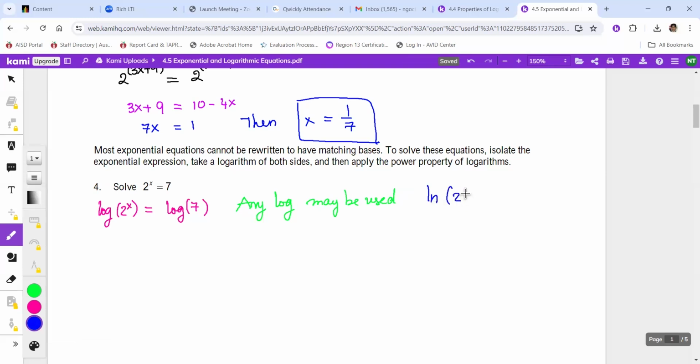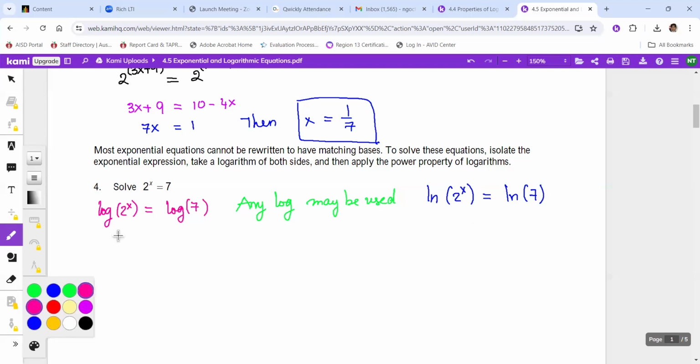Natural log of 2 to the power x equals natural log of 7. You can take any log base, but your calculator only has two keys programmed for us, which are base 10 and base e. So that's why I'm going to stick with base 10 and base e.